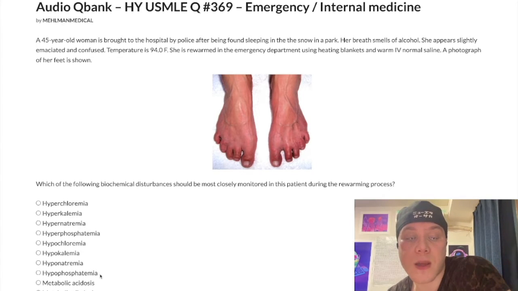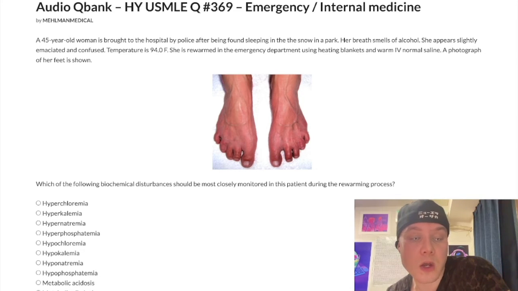If a patient has not been fed for a while, does not have to have low BMI, okay? If a patient has not consumed any food in a while, and then we give a lot of food very quickly, we can get trapping of glycolytic intermediates by the liver, okay? So phosphate needed for the formation of glycolytic intermediates, and we can get a transient decrease in serum phosphate. So refeeding syndrome, hypophosphatemia, high yield.